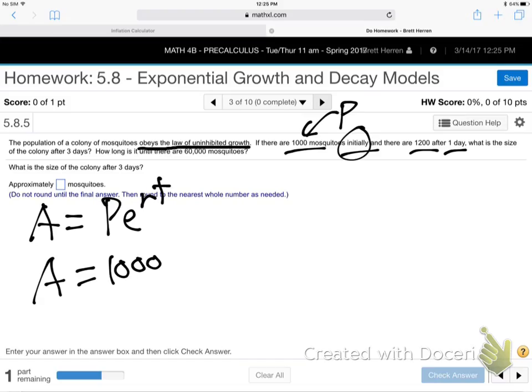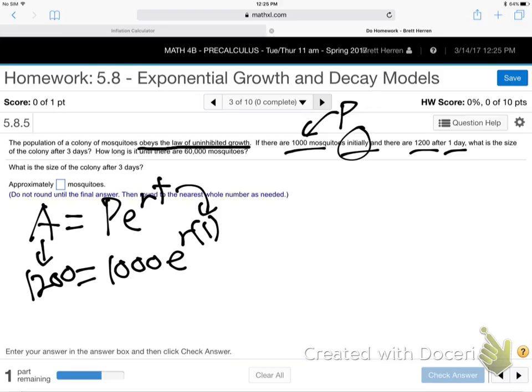Where does that go? That means the amount of mosquitoes is 1,200 after time 1 day. Everybody see that? So there are 1,000 initially and 1,200 after 1 day.